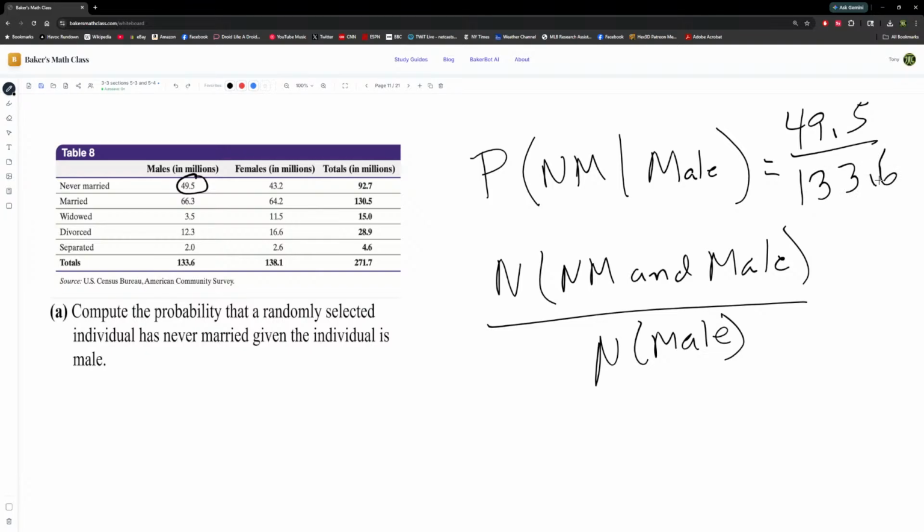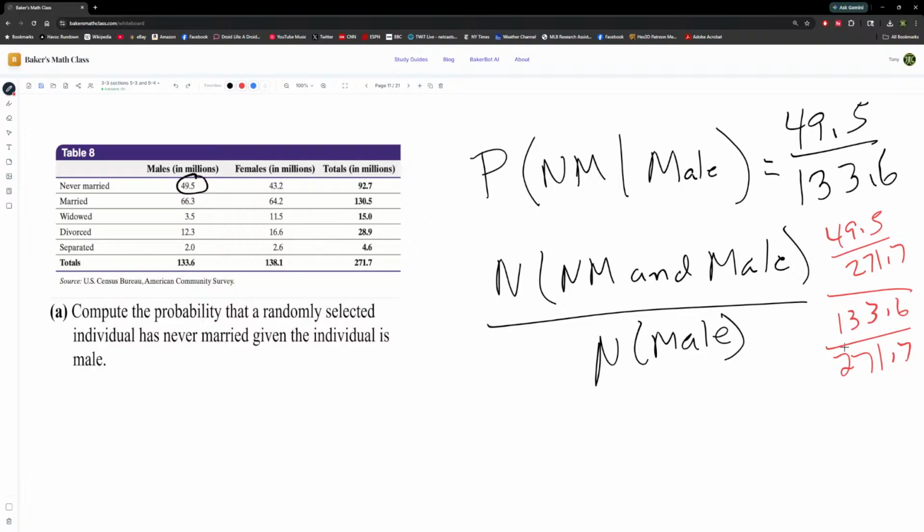That's what I meant by we're just taking the numbers. Because if we look at the top here, this problem would have been 49.5 out of the 271.7, and the number of males would have been 133.6 out of the 271.7. Then those 271.7s would have canceled out, giving us back that original value.